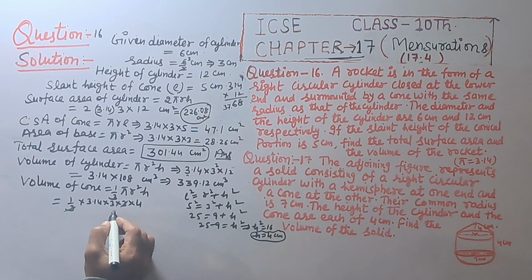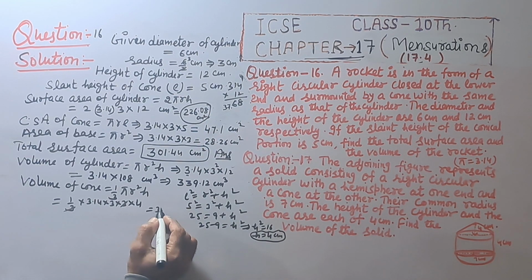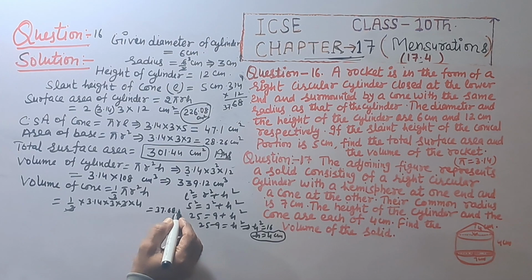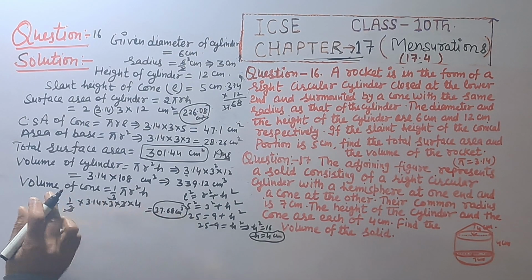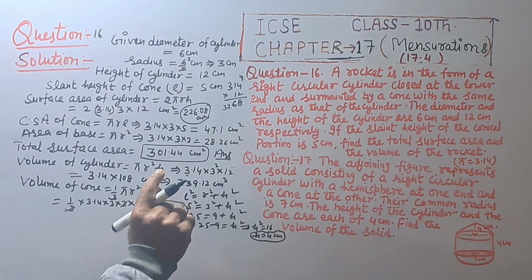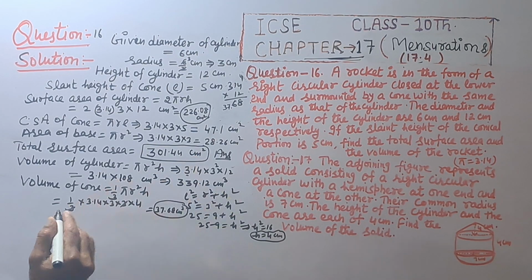That is equal to 37.68 centimeter cube. Volume of cone is equal to 37.68 centimeter cube.